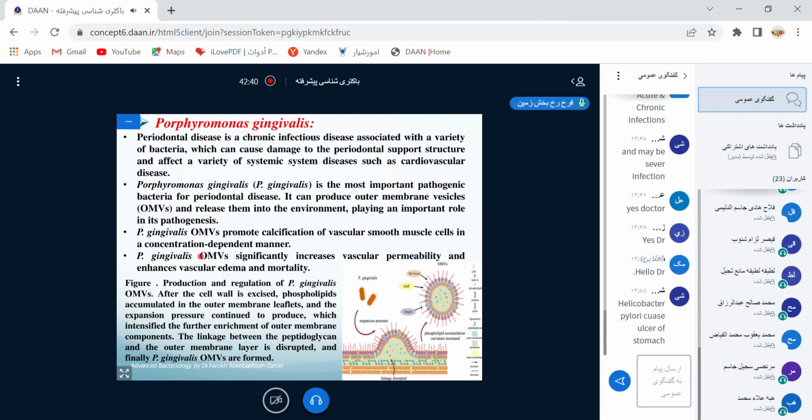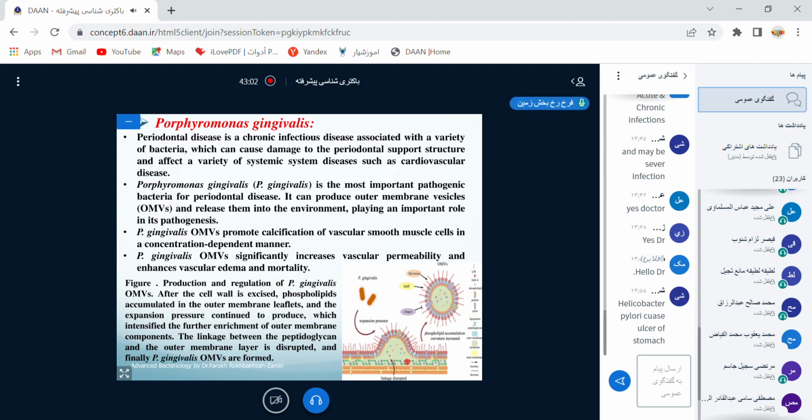OMVs from this bacterium significantly increase vascular permeability and enhance vascular edema, which mostly leads to the mortality of the patient.